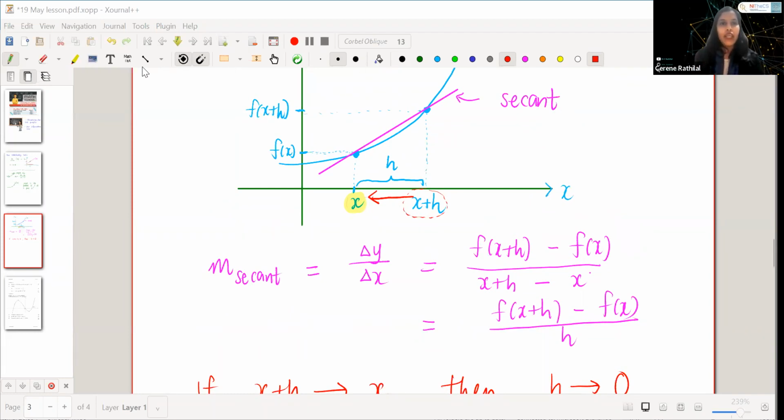If that actually happens, then what we end up dealing with is the following. We have a straight line that passes through the point x only. And what do you call a straight line that does that?